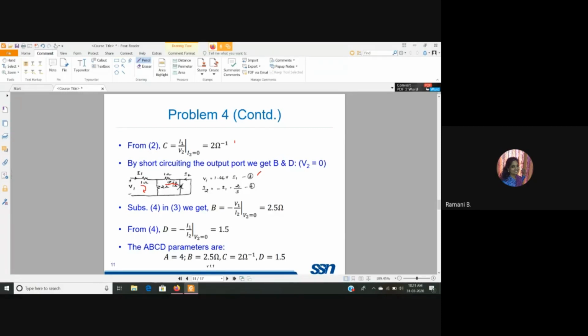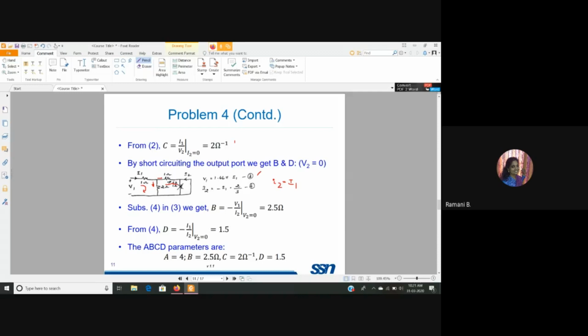And capital I2 is opposite to this direction. By applying the current division rule, here you can consider one value and this to be another value. By current division rule, small I2 will be equal to capital I1 into 2 by 3.